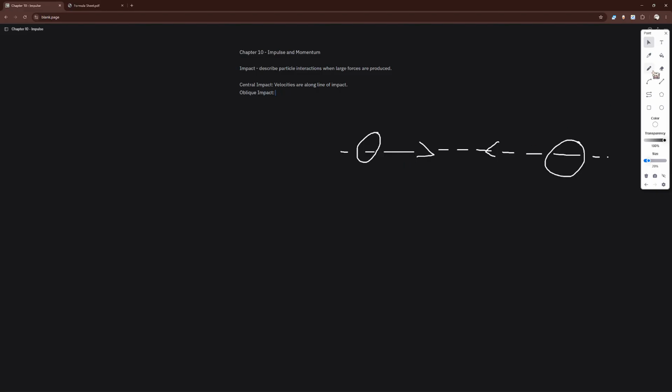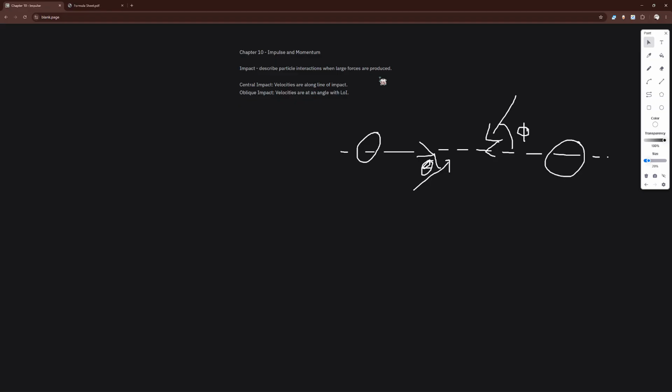So here's the line of impact down the middle. Maybe your velocities are here and here, offset by an angle theta and an angle phi. So velocities are at an angle with the line of impact, which is LOI. Those are the two types of impacts, and both will come up in questions, so it's important to make the distinction.